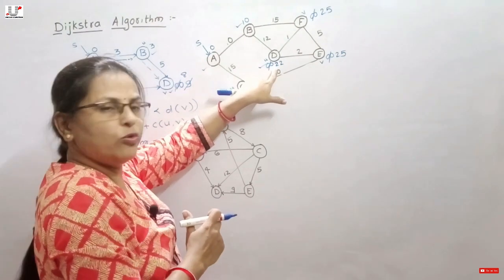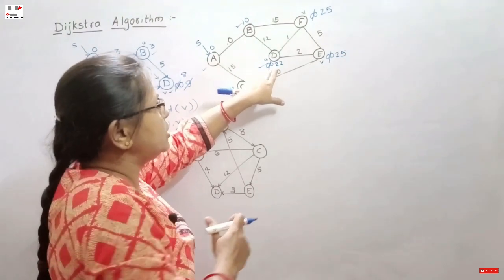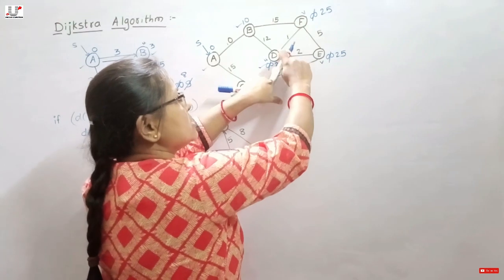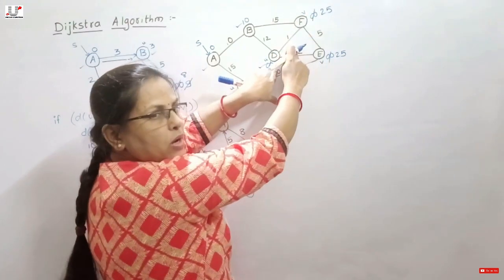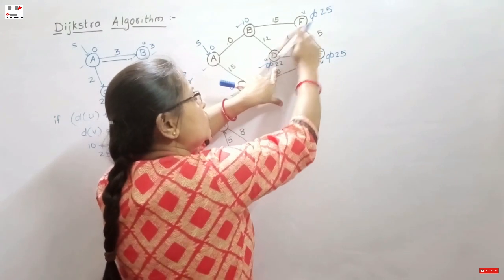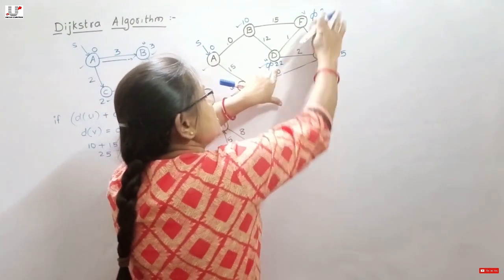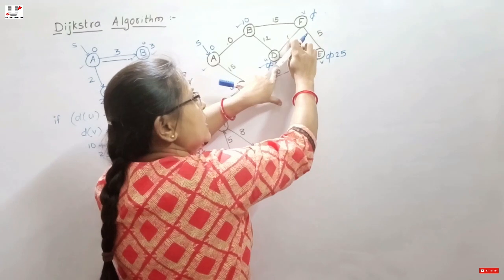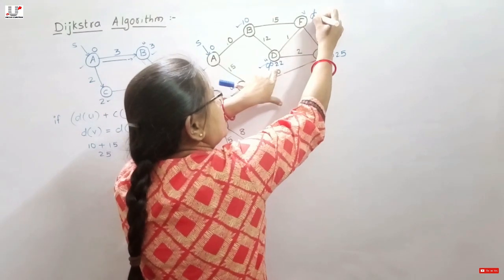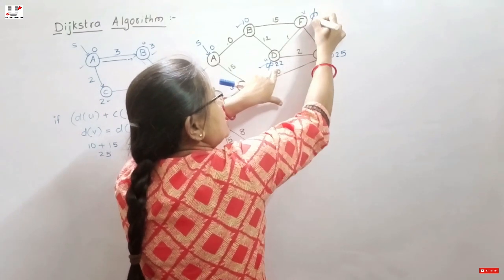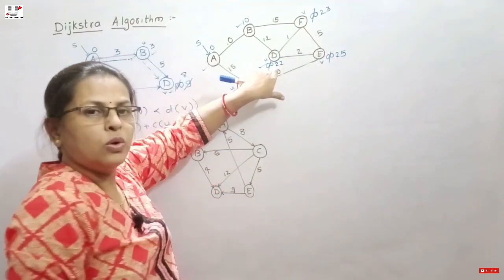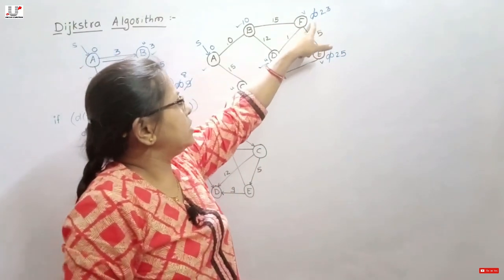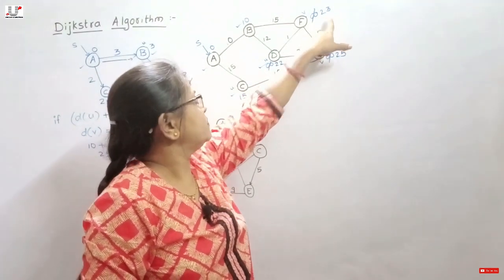The distance of U is 22, so 22 plus the cost of UV, which is 1, gives 23, and 23 is smaller than infinity. So replace that infinity with 23.